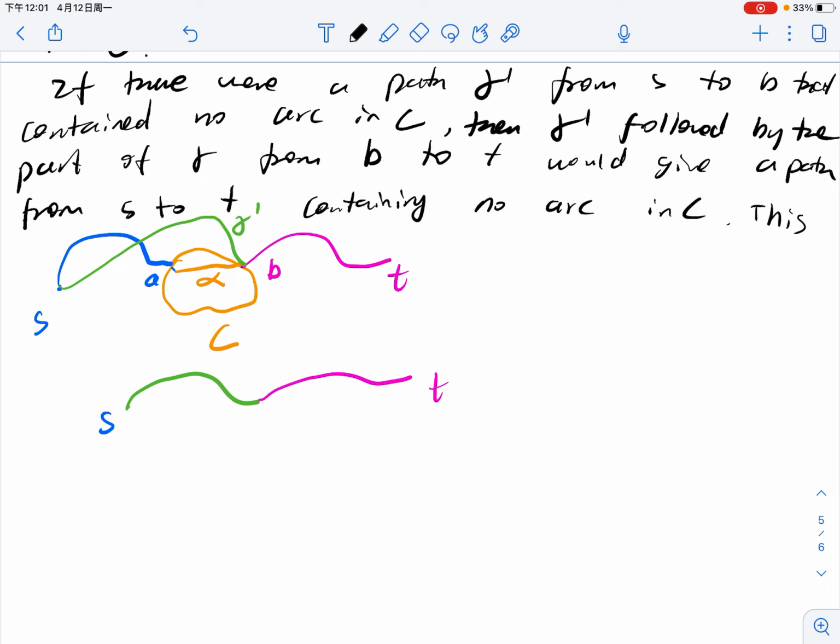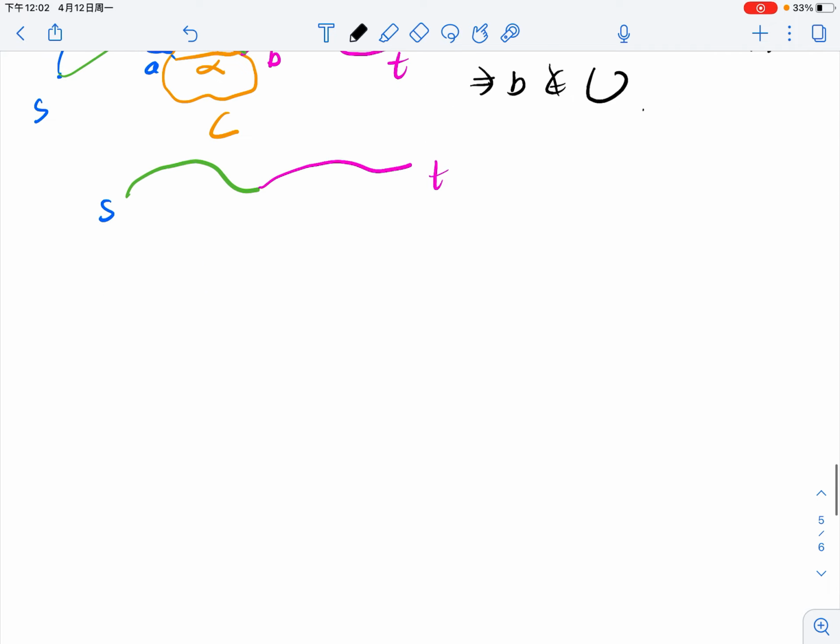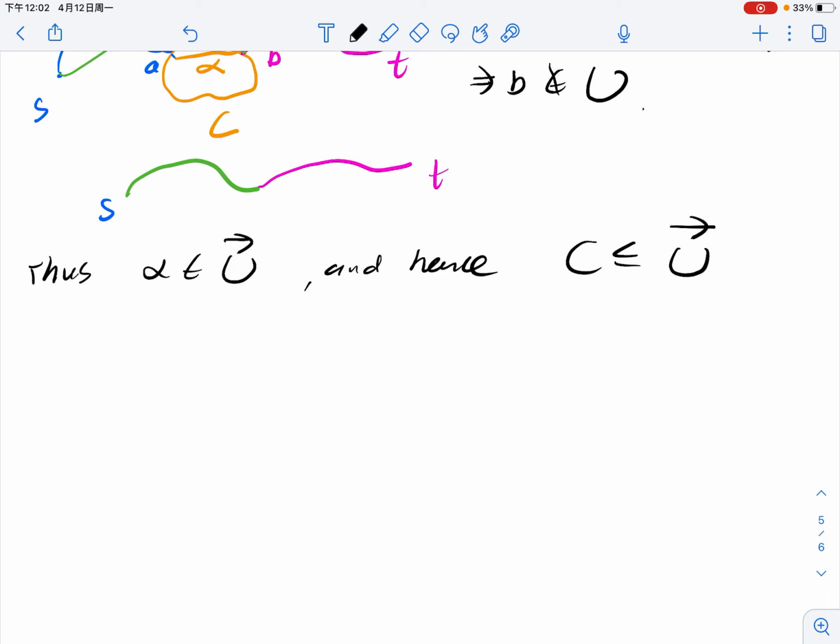So therefore, there's no path from S to B without any arcs in C, and B is not in U. So thus, alpha is in U right arrow, and hence C is contained in the set U right arrow.